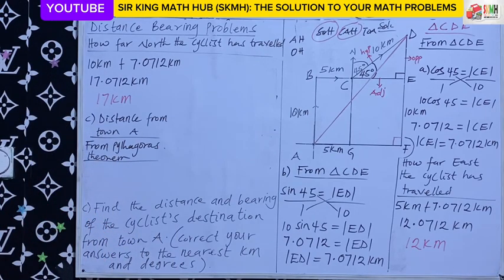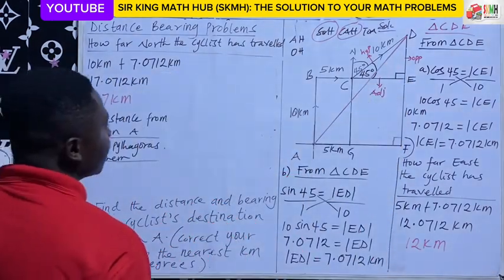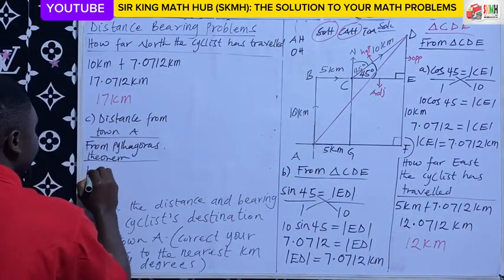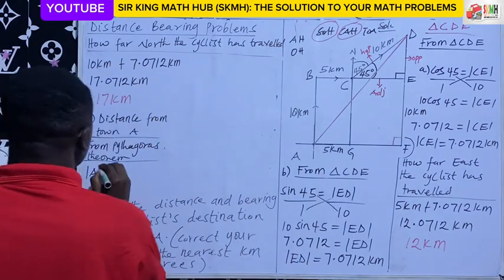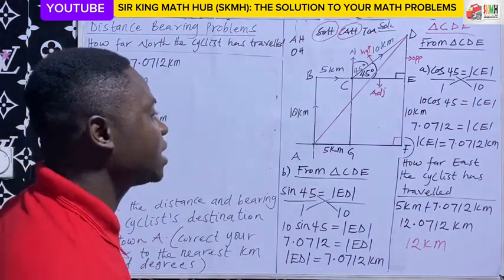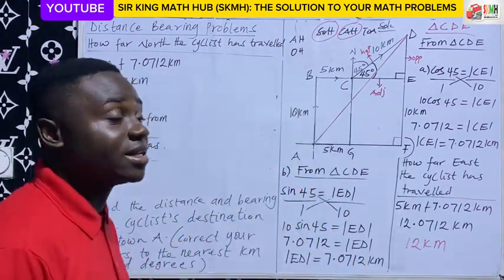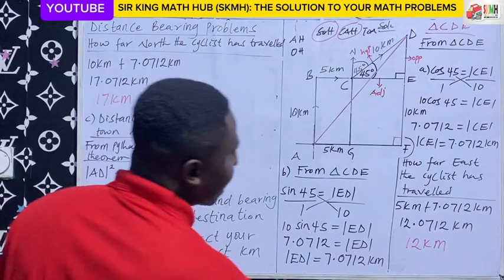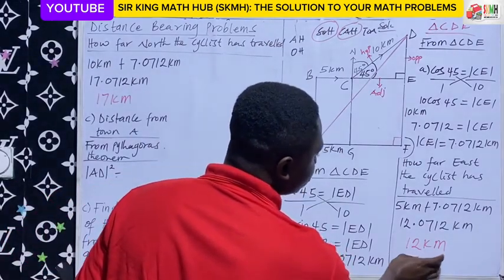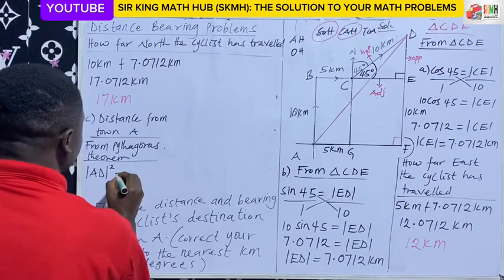This theorem says that the square of the longest side, that is the hypotenuse, which I'm naming as line AD, squared must be equal to the sum of the squares of the other two sides. So the first side, line AF, which is how far east you have traveled. We had 12 kilometers, but we are not going to use the estimated value.